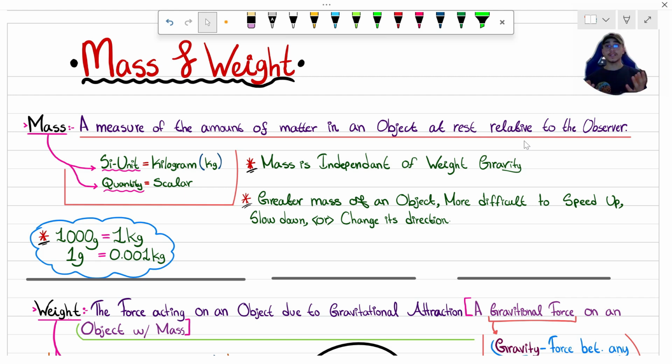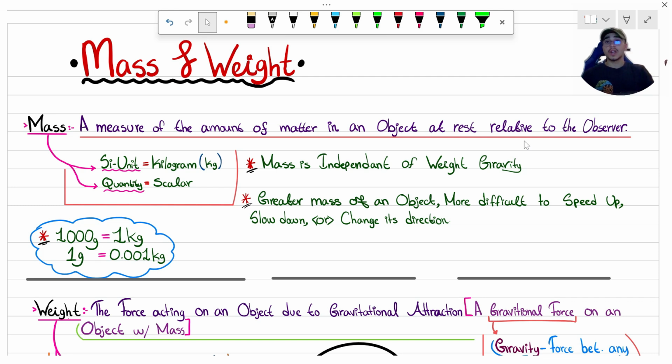Or if you want to define it, it's the force acting on an object due to gravitational attraction. Weight acts on objects with a mass, because a force acts on an object that is made of matter. Mass is a measure of the amount of matter in an object. So weight acts on an object with matter, and an object with matter has mass.